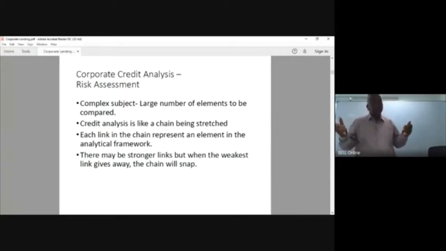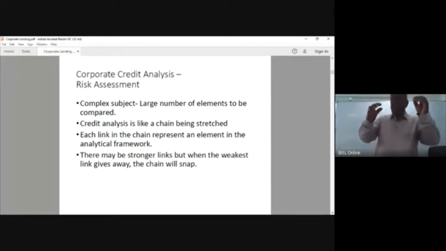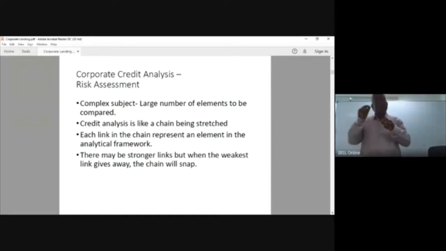There is a large number of elements to be compared. In corporate credit analysis, you have to analyze so many elements. Take the example of a chain. In a chain there are so many links. All the links may be strong, but when one link is weak, what will happen when you stretch the chain?